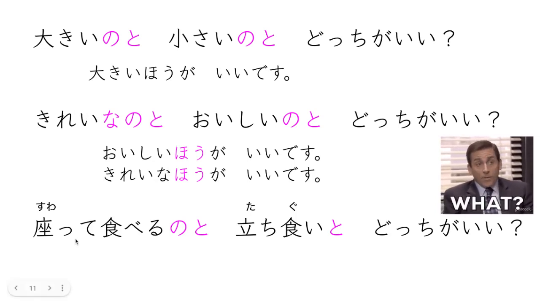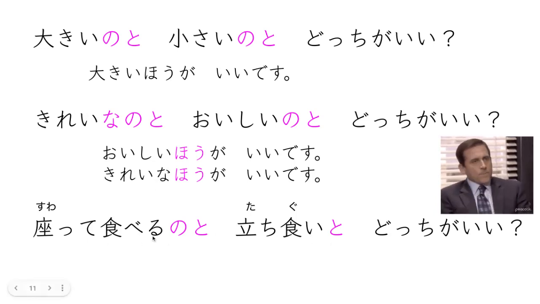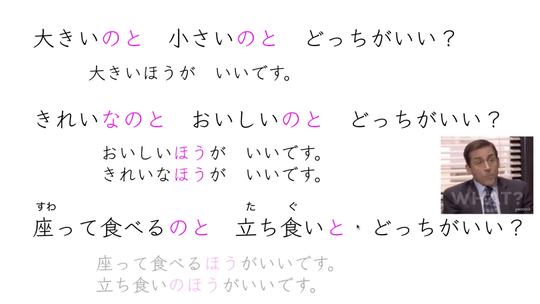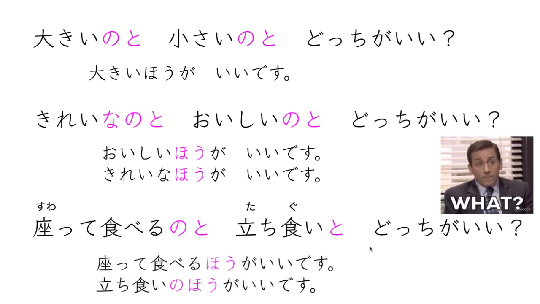Tricky. And these are, 座って食べるのと立ち食いとどっちがいい？Mixing up. I want you to beware. I'm probably going to bring this sentence back up later on. 座って食べる is a sit down style of meal versus standing up. In Japan, 立ち食い restaurants are very common. You eat or drink while you're standing up.